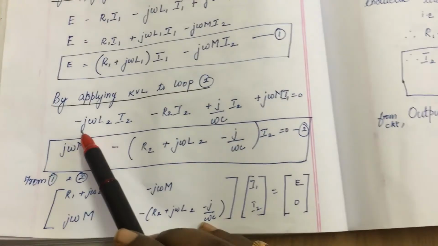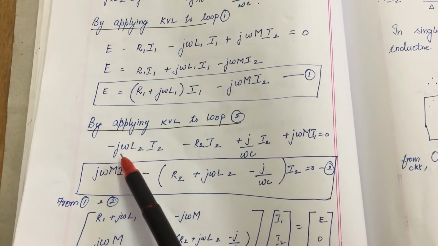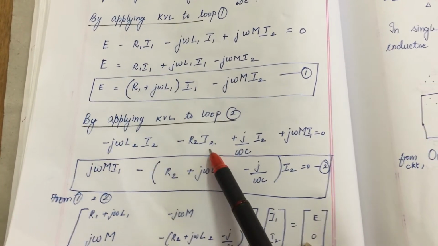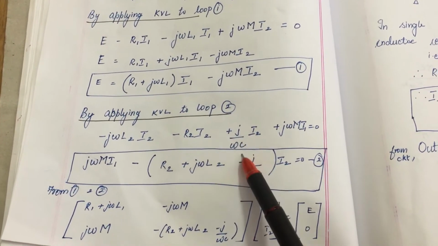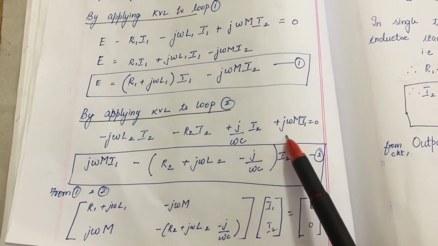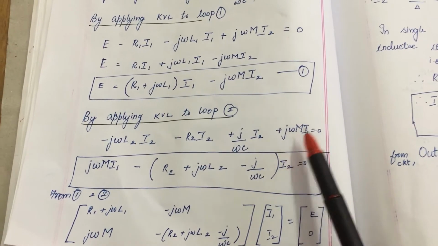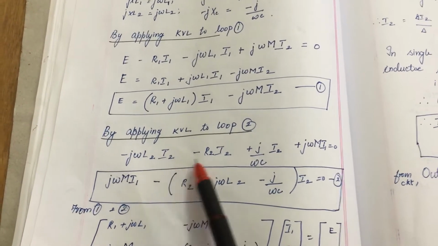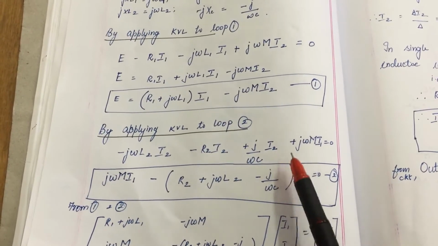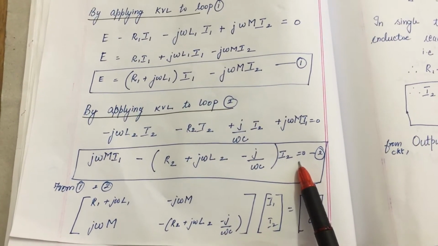So the equation is minus jωL2 I2 minus R2 I2, minus into minus becomes plus j/ωC I2, plus jωM I1 is equal to 0. Here in three terms we have I2 common. By bringing those three terms together, we obtain our equation 2.